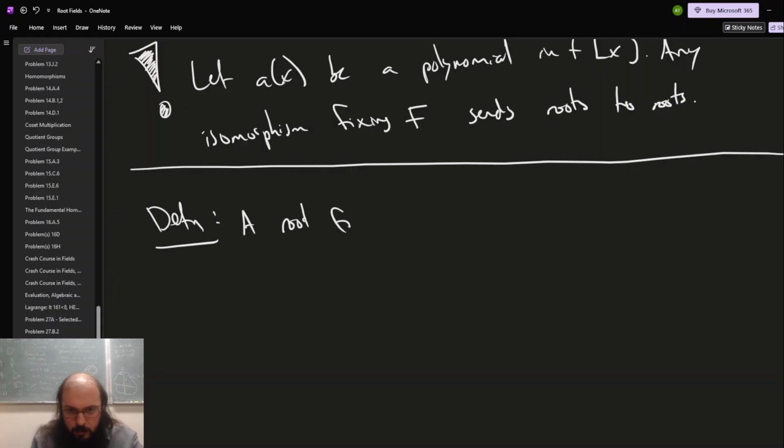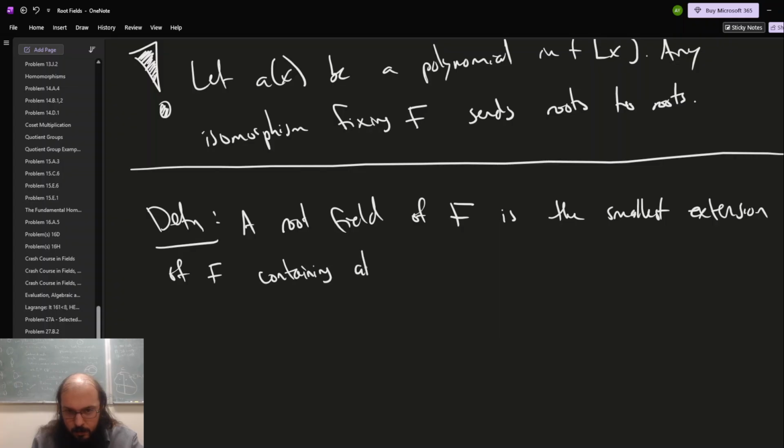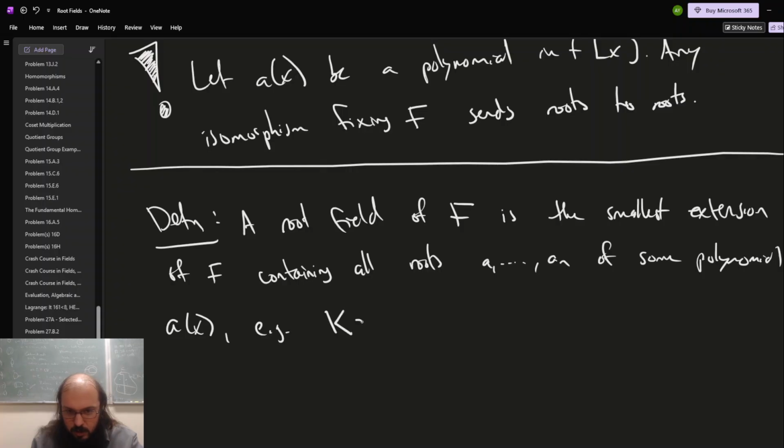A root field of F is the smallest extension of F containing all the roots a1 through an of some polynomial a of x. E.g., it's of the form K equals F adjoin a1 through an.